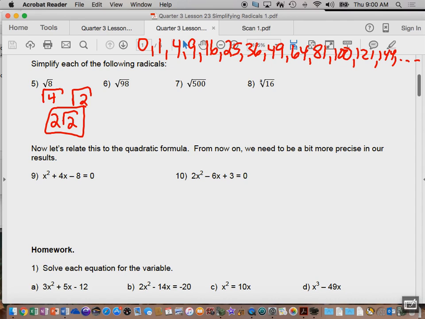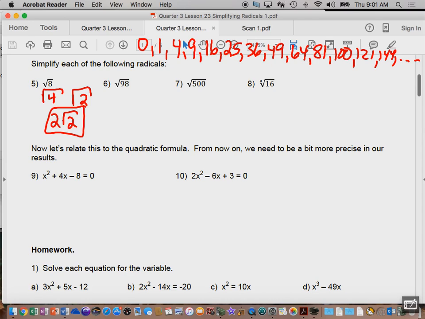All right, let's go to the square root of 98. You do it. What is the biggest perfect square that divides into 98?